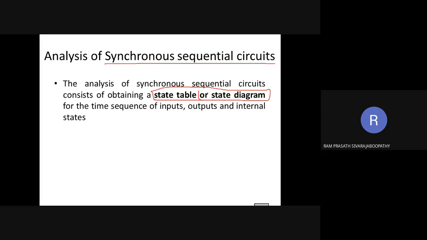With either one of these, you can analyze the circuit behavior. So the ultimate aim of analysis is to obtain the state table or state diagram of the given circuit. Kindly take a screenshot. I will move to the next slide.